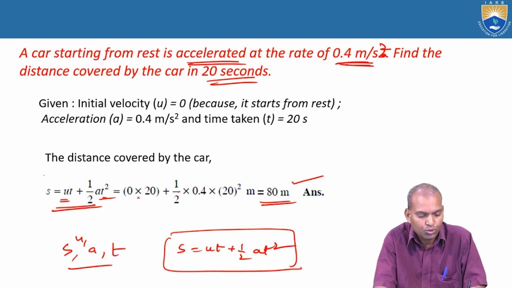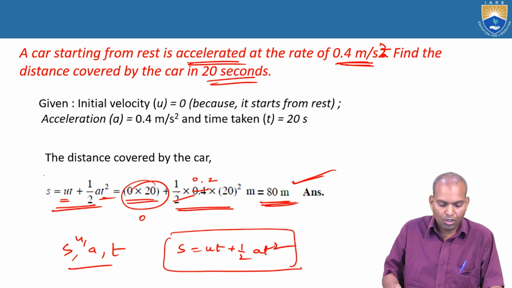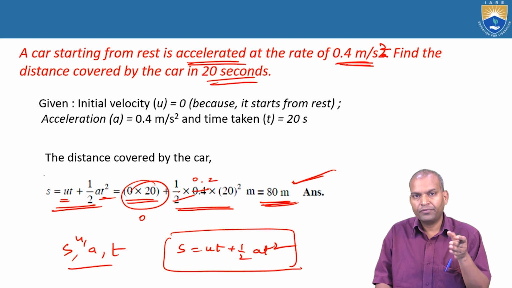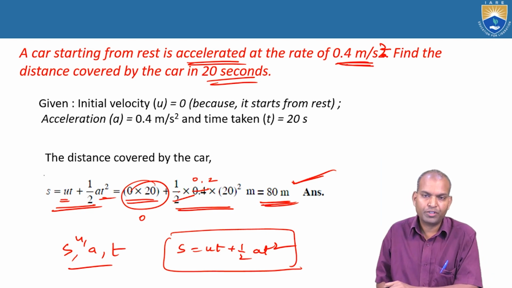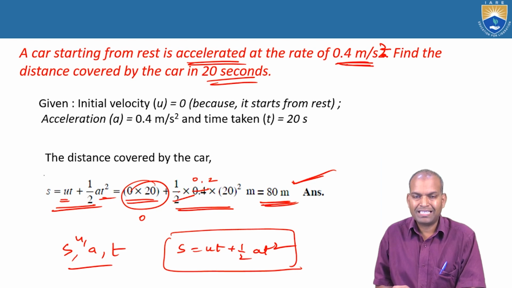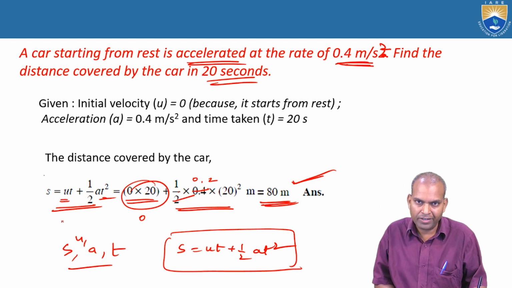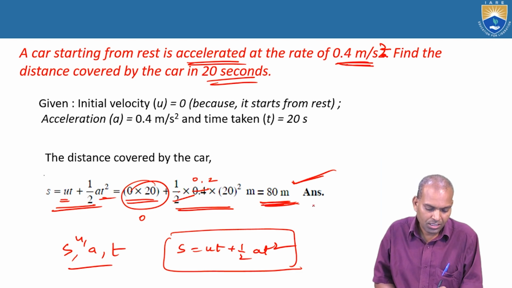The 0 times t becomes 0, and ½ times 0.4 is 0.2, times 400, that is 80 meters. So a car starting from rest with an acceleration of 0.4 meter per square second, in 20 seconds, travels a distance of 80 meters.